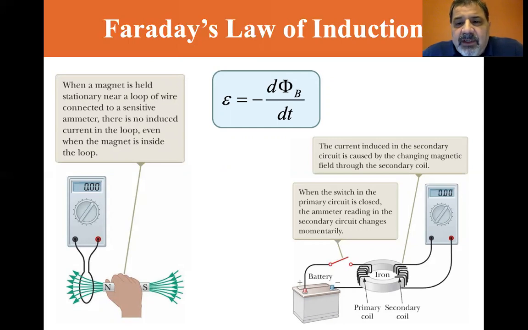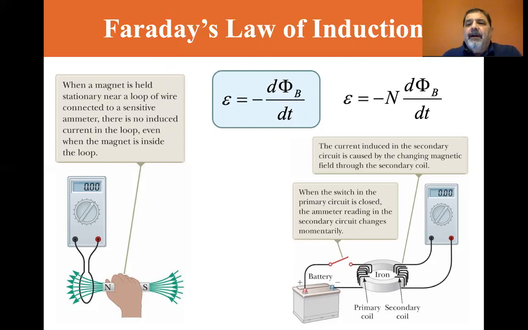So the EMF is equal to minus the time rate of change of the magnetic flux. And if you have multiple loops of wire, then the EMF is equal to minus N d phi dt.